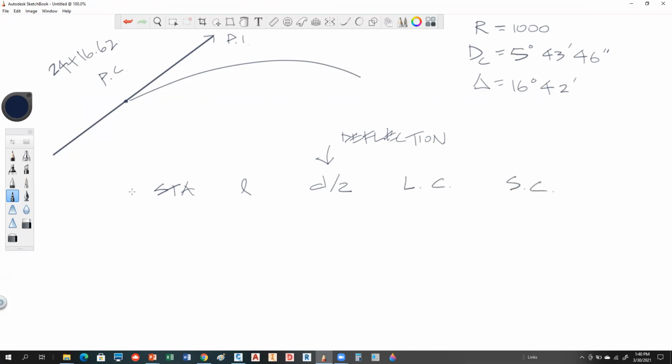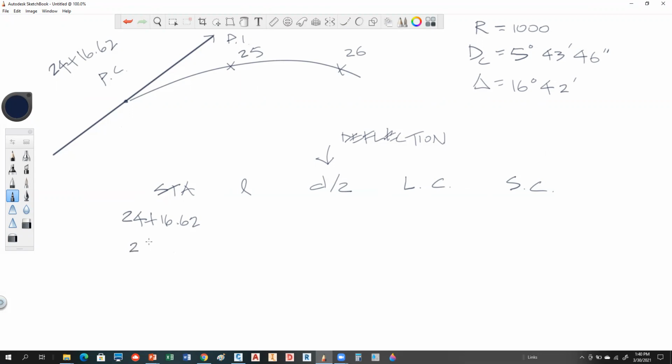So we're sitting at the station PC, which is 24+16.62. And we're going to do this, let's say, every 100 feet. So the next station would be 25, and then 26, and on and on. Everybody get the idea?